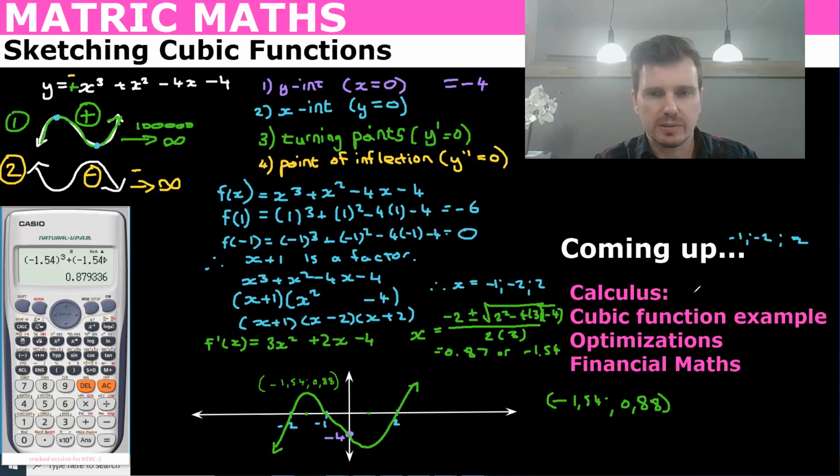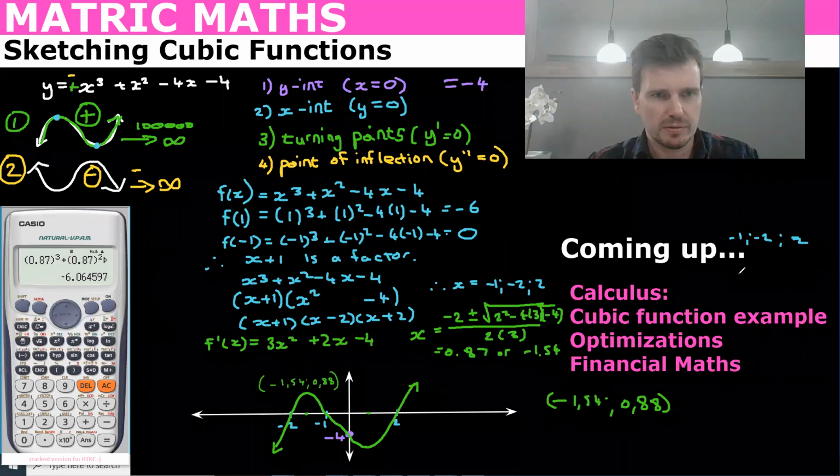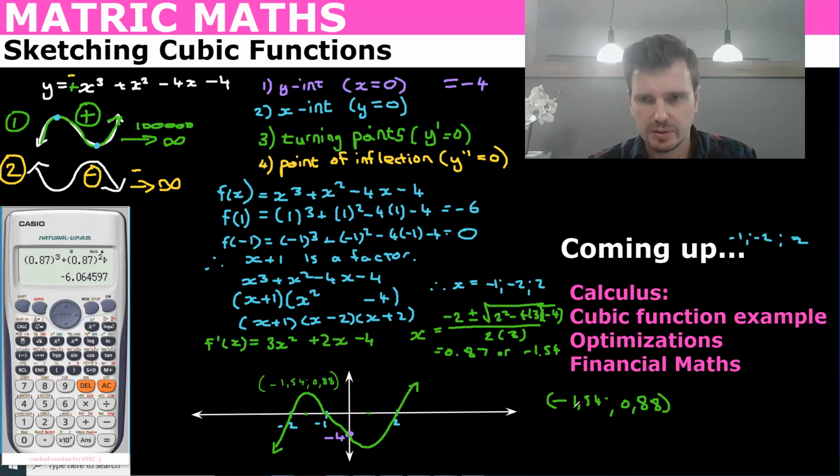Okay, so I put that into this equation. I get 0,87 cubed plus 0,87 squared minus 4 times 0,87 minus 4, equals, and I get minus 6,06, which makes sense because that is going to be over here.